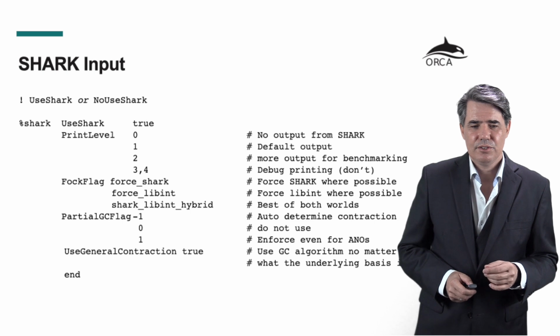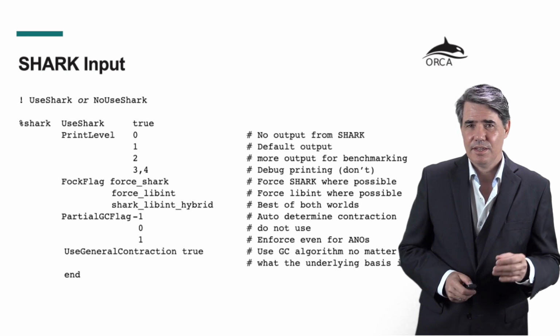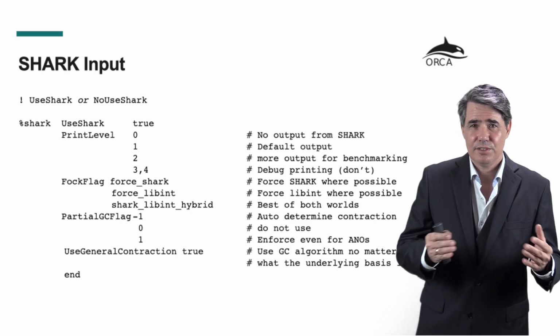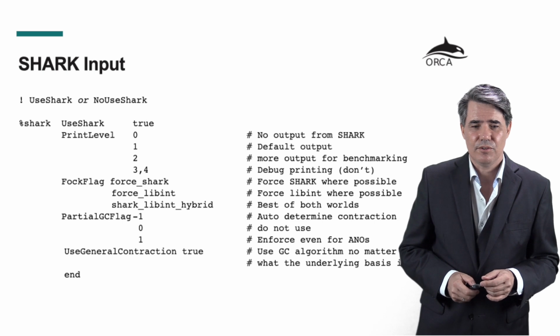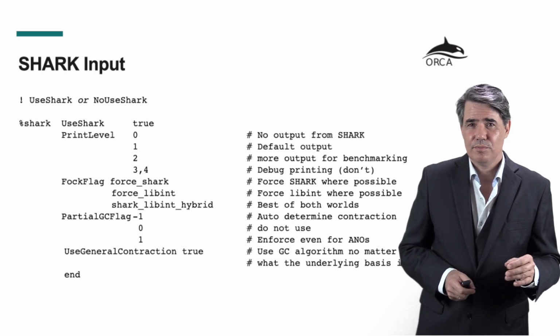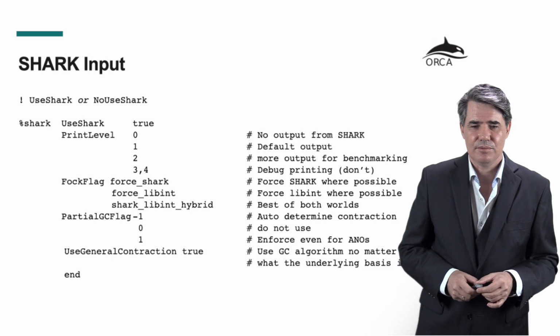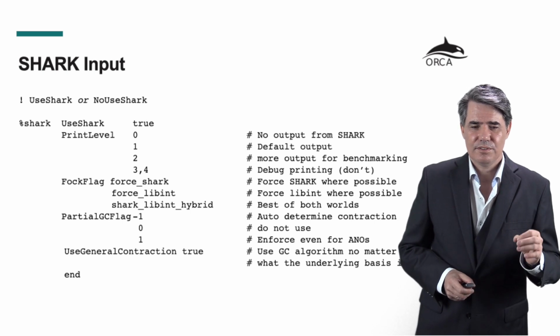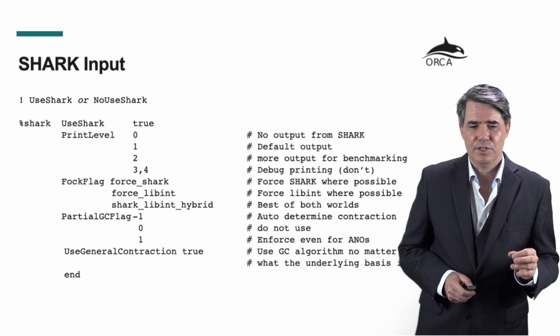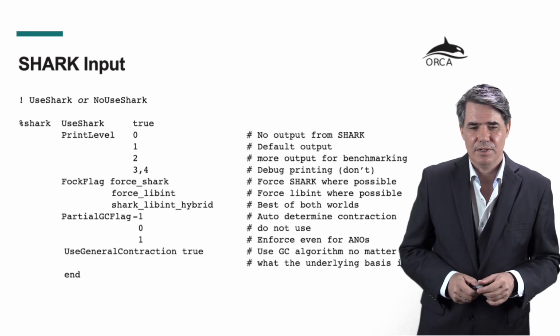Finally, there is a partial GC flag, and that turns the handling of the partially generally contracted basis sets on or off. The default is -1, which means that the program will automatically decide which is the best algorithm. You can force the partial general contraction to be off by choosing 0 for that flag, or 1 to enforce it, even if you have an ANO basis set.